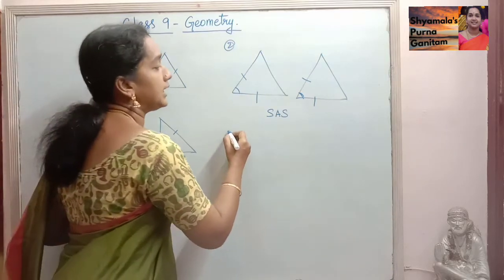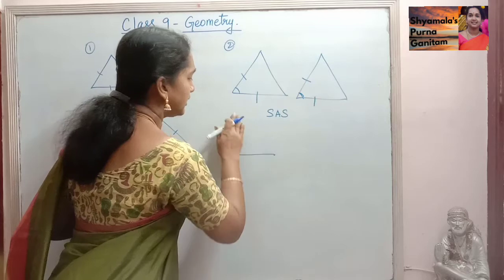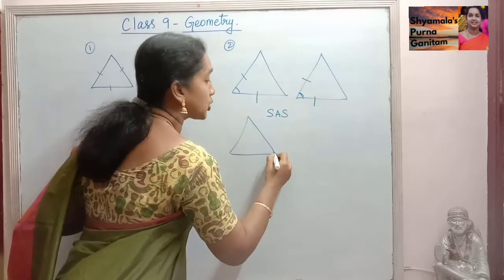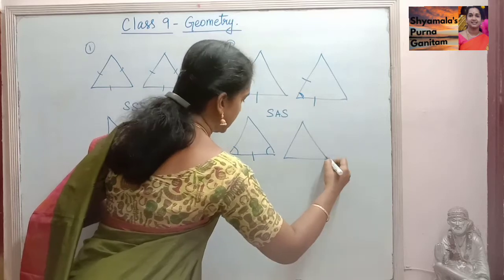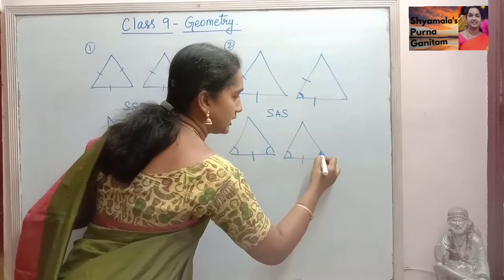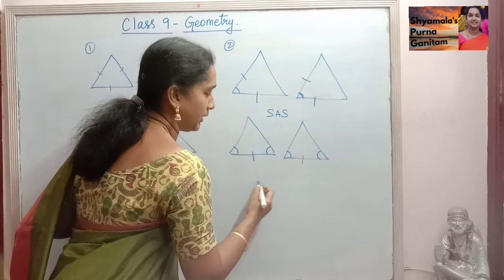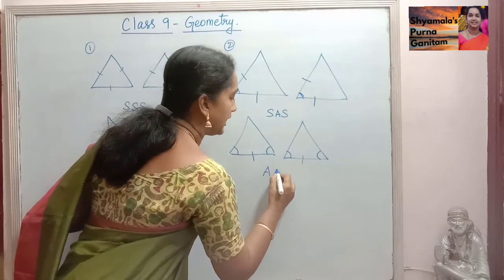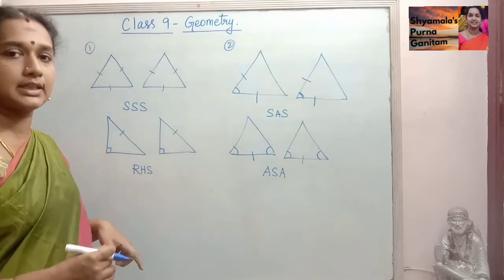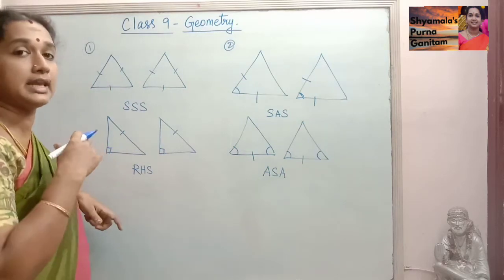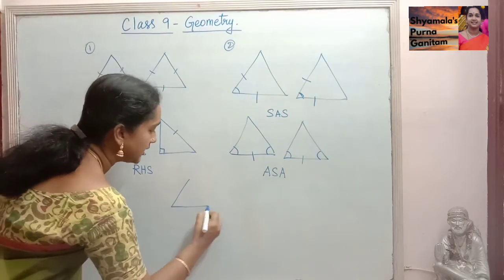Then comes ASA. If we take any two triangles, two angles and one included side should be equal. So that is ASA. The same way two angles and a side, that is AAS also we can see.